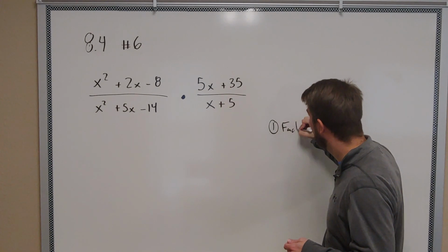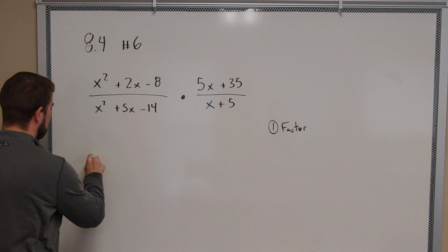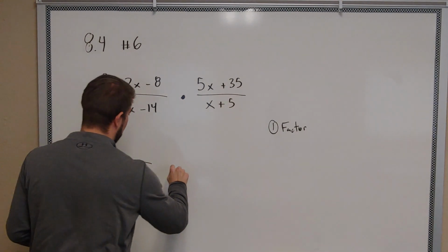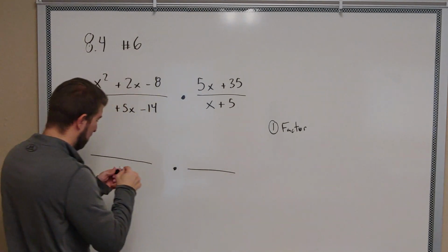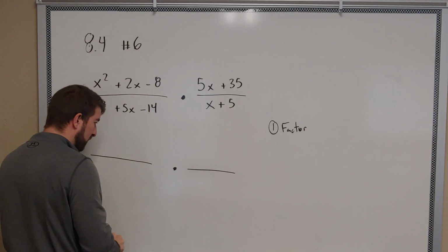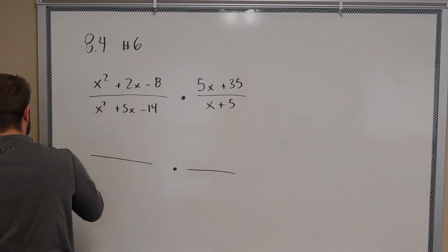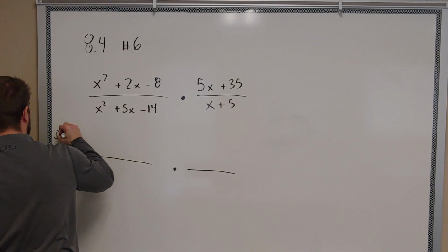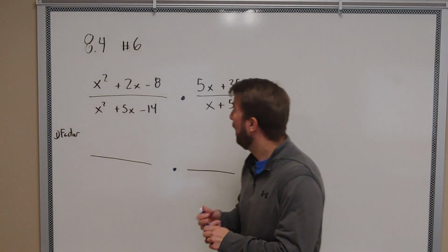First step is factor, and as normal, I'm going to try to color code these so that it's a little bit easier to identify what's going on. All right, and actually I'm going to move my factoring over here. So step one, factor.